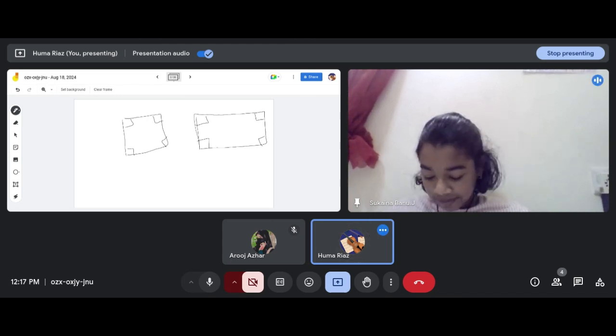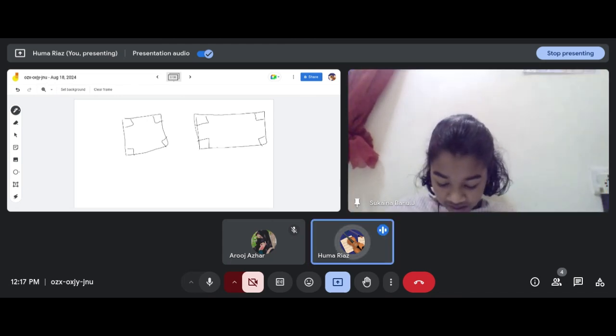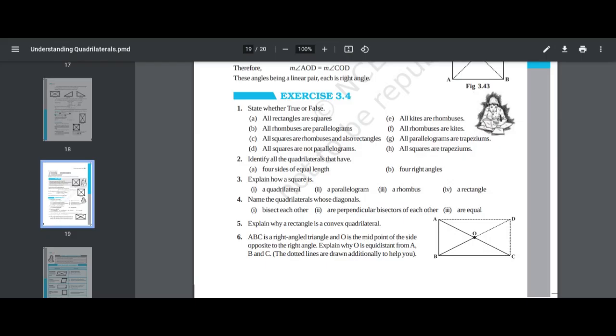So can we do question number 3? Explain how a square is a quadrilateral. A square is a quadrilateral since it has four sides. You can write, it has four sides.